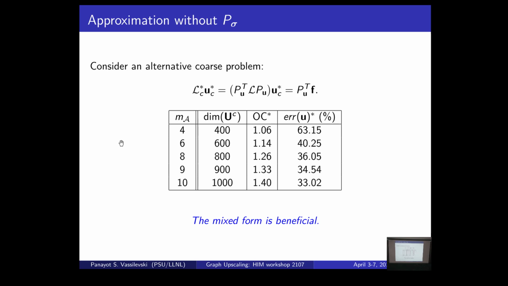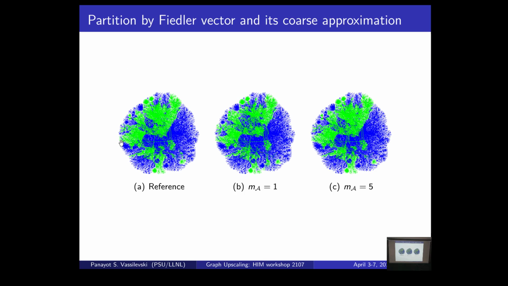So if we do coarsening directly on the graph Laplacian with the same P that we constructed for the mixed method, you get much worse error. So actually introducing the edge degrees of freedom helps us, although we increase the size of the problem to begin with. One explanation is exactly that piecewise constant for a two-grid method for finite volume doesn't work. We have to do something in addition. All right.